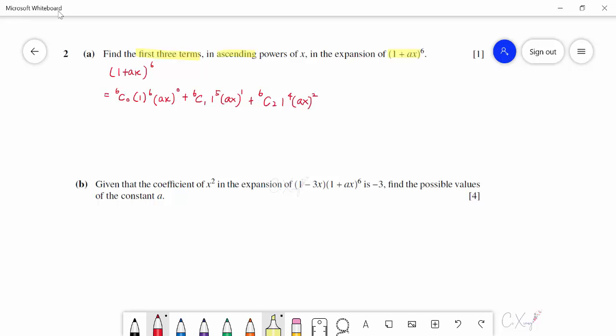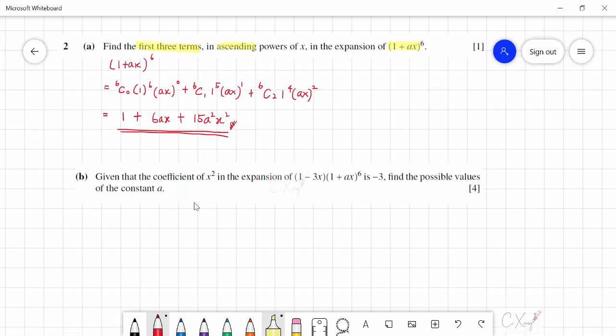You can see that there are 3 terms here: first term, second term, and third term. Then you straight away press the calculator and simplify your answer. The final answer for these first 3 terms will be 1 + 6ax + 15a²x². So this is the first 3 terms that we have for this expansion.